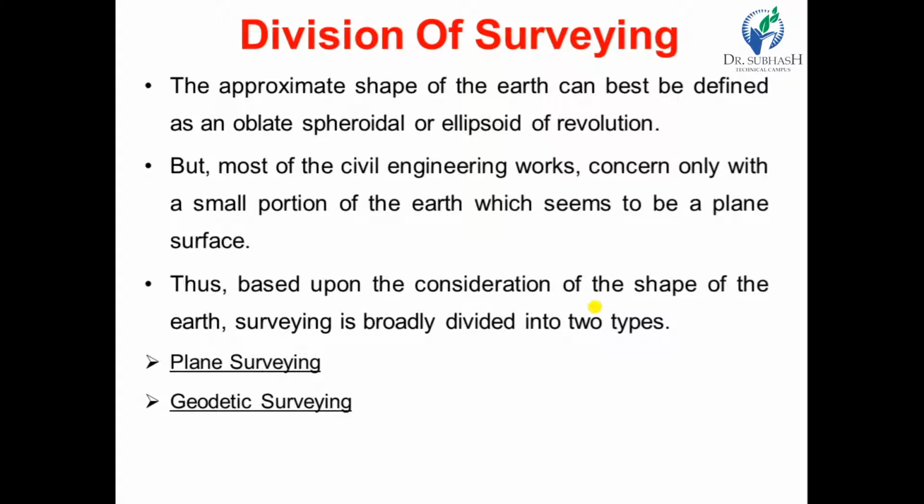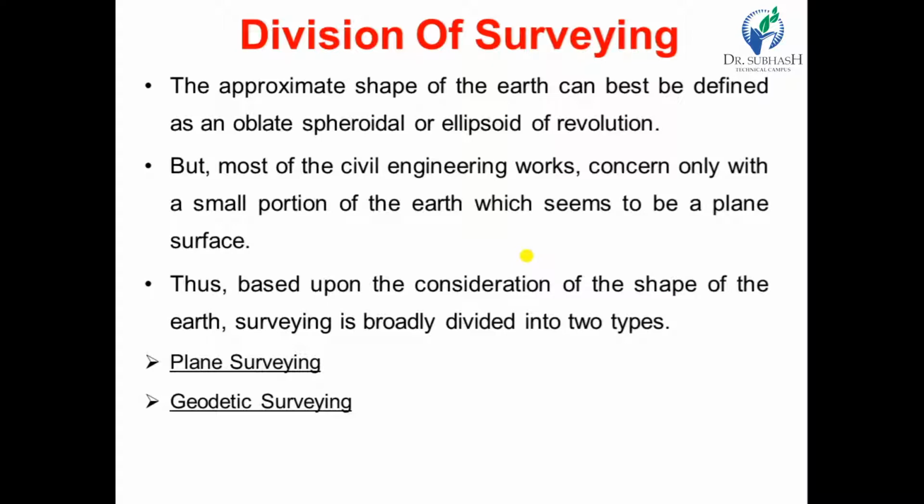First, we have to understand the different divisions of survey. Commonly, we assume that our earth surface is plane. But the approximate shape of earth can be defined as an oblate spheroid or ellipsoid of revolution.